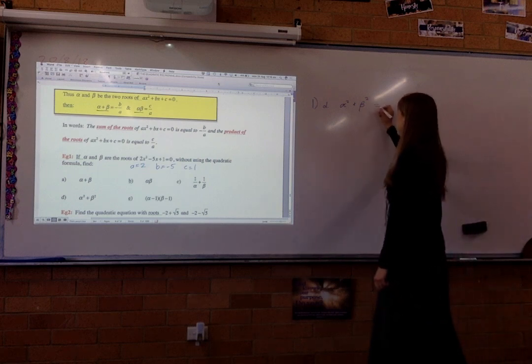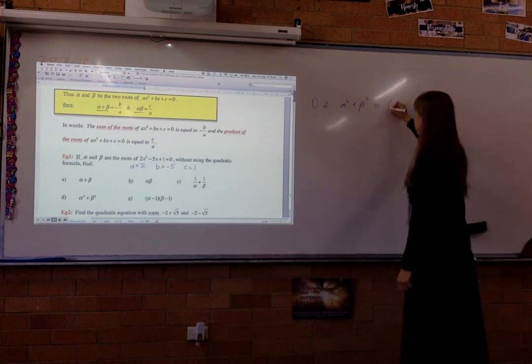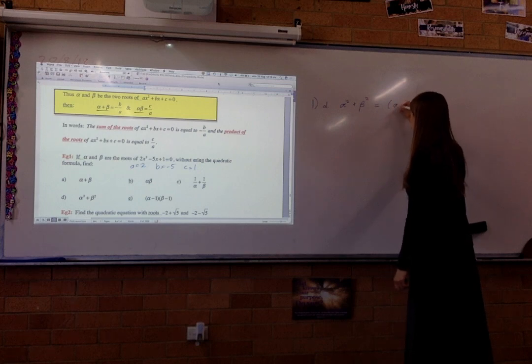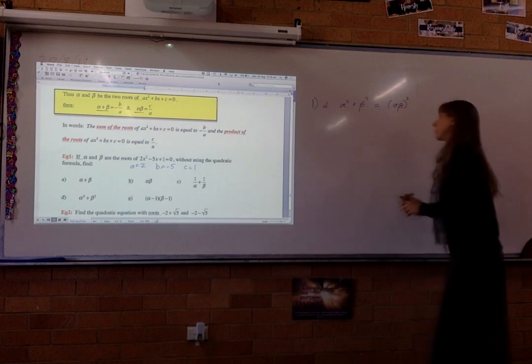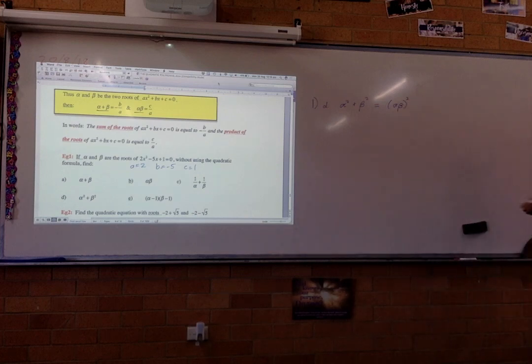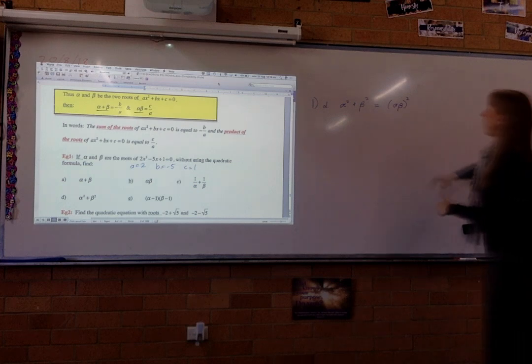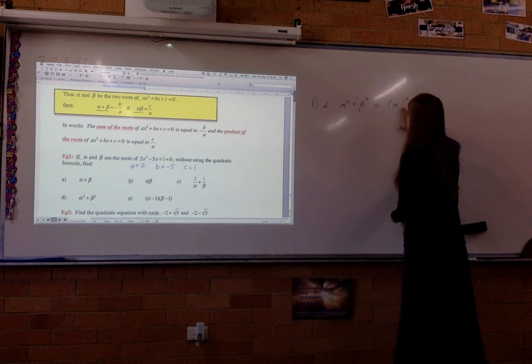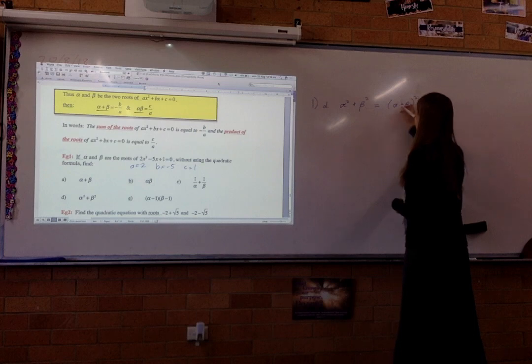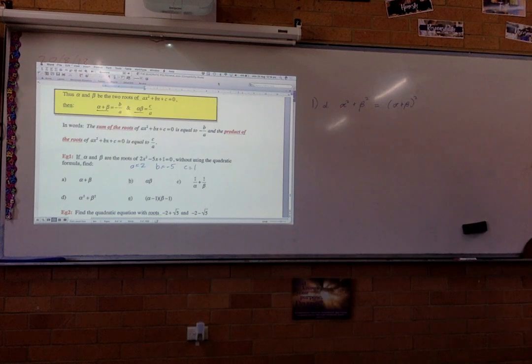Now, alpha plus beta squared, some students think it is this: alpha squared plus beta squared. Is it that? No. It's almost though. Let me just show you a little aside.